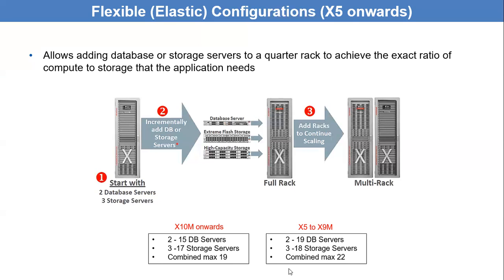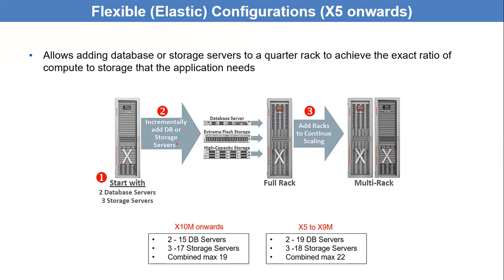Let us understand these minimum and maximum numbers inside the rack. Again, these numbers changed in the latest version, which is X10M. In X10M rack, the minimum number of database servers is 2, maximum is 15. Minimum number of storage servers is 3, maximum is 17. Combined number of servers is 19.